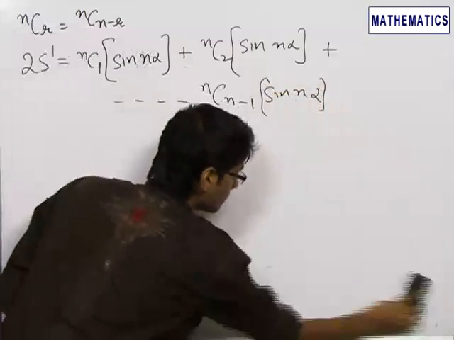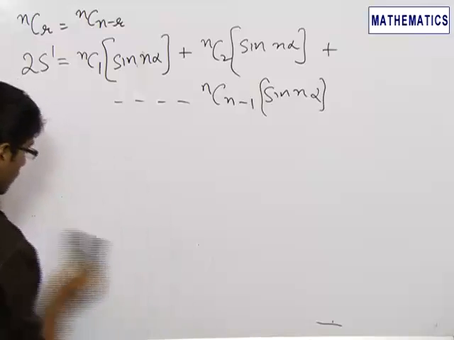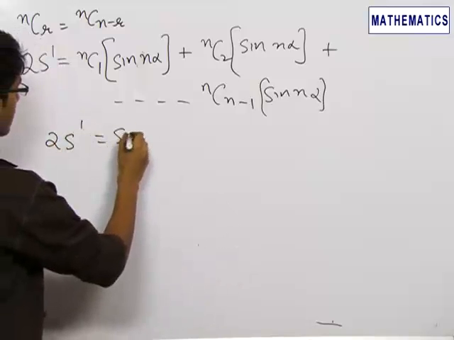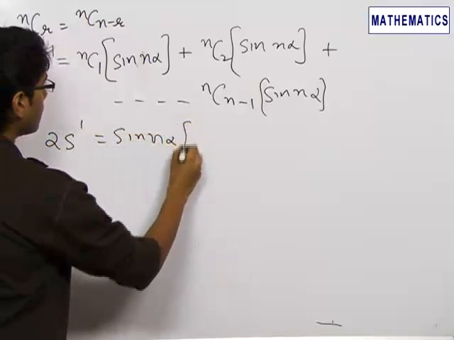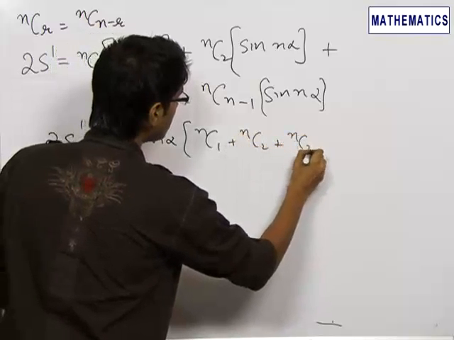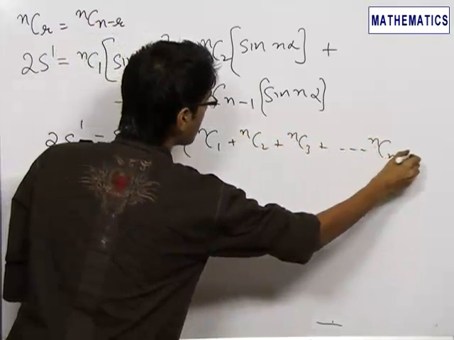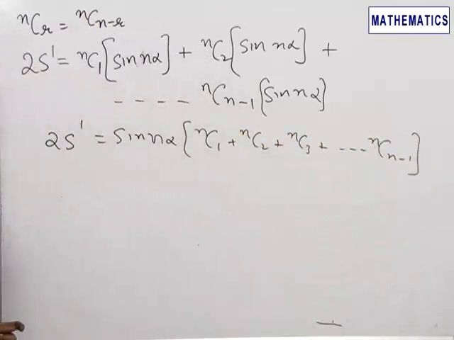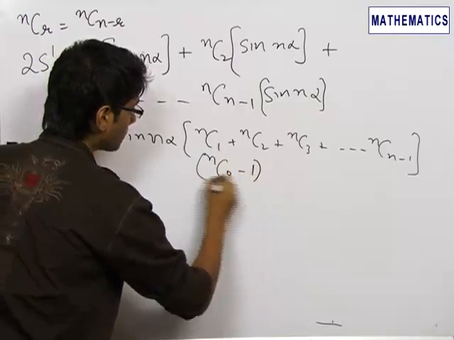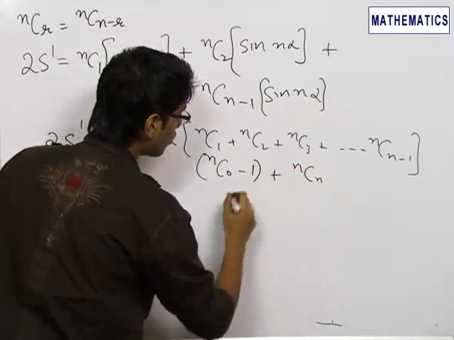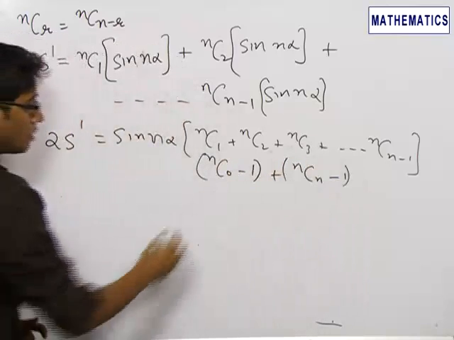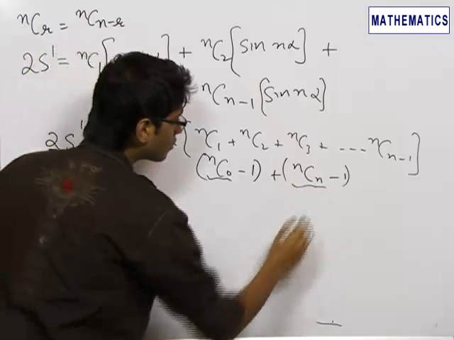Now what we do is, we take out sin n alpha common and write it as sin n alpha into NC1 plus NC2 plus NC3 up till NCn minus 1. Now adding and subtracting NC0 and NCn on the right hand side of this expression, we know that NC0 is 1 and NCn is also equal to 1.